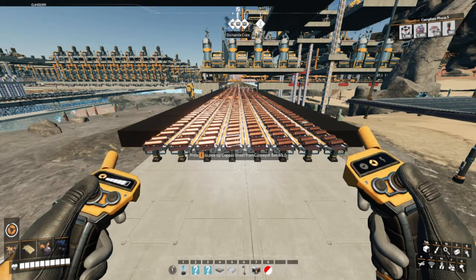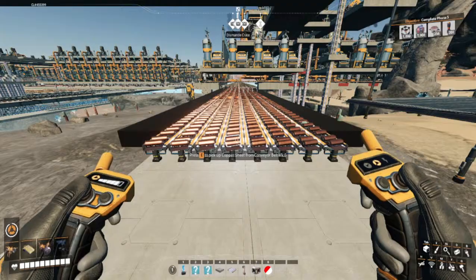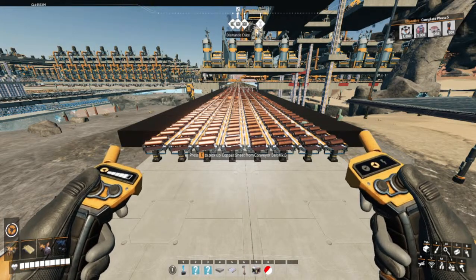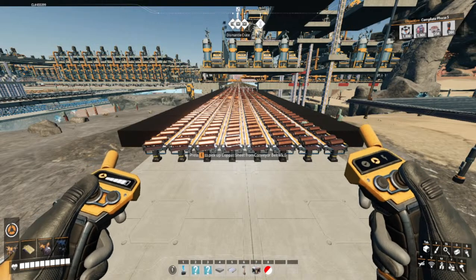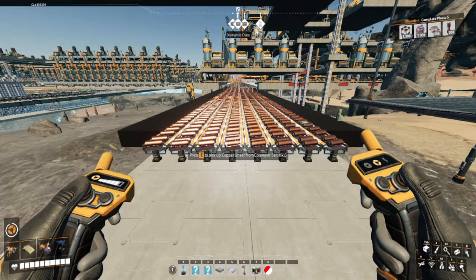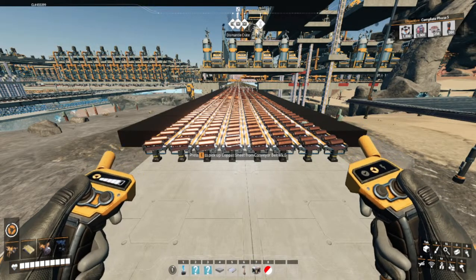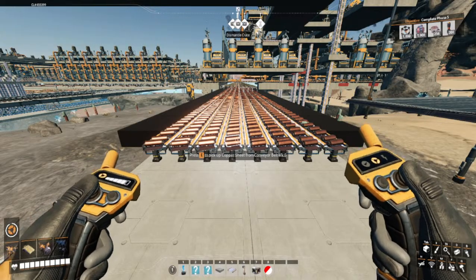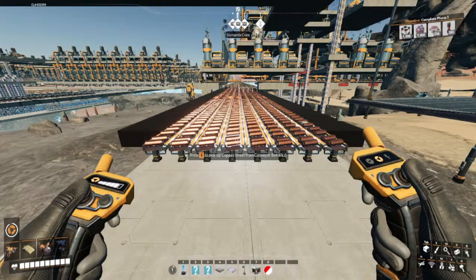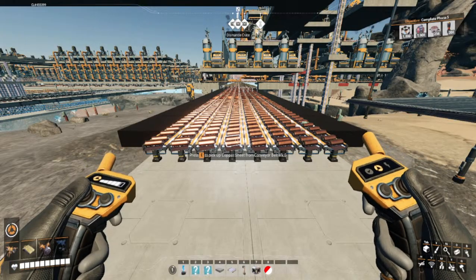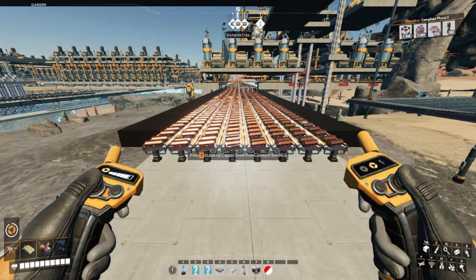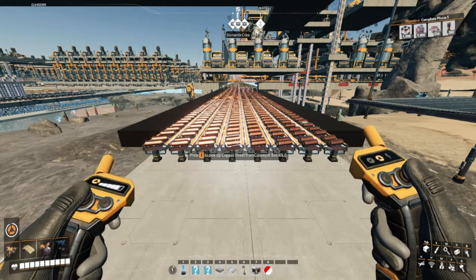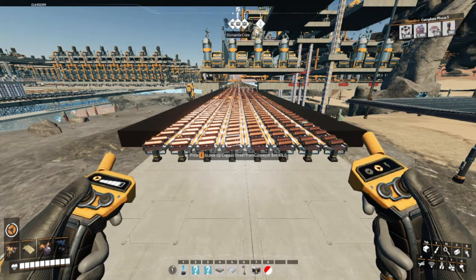Now 160 times my input of quick wire, which is 240. I have 160 machines using 240. That's 38,400 quick wire.